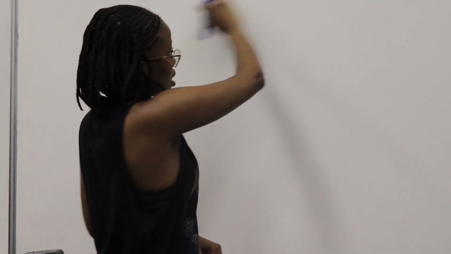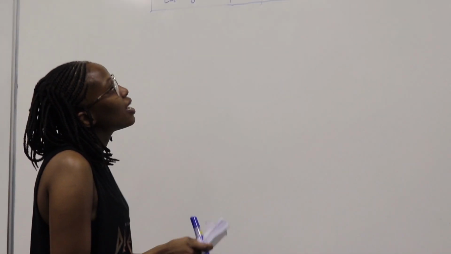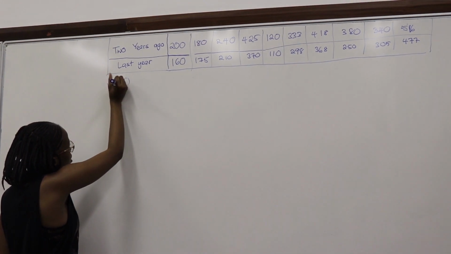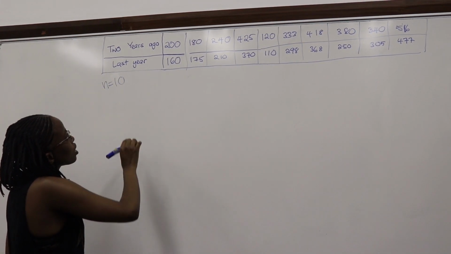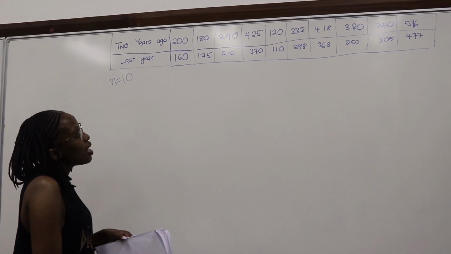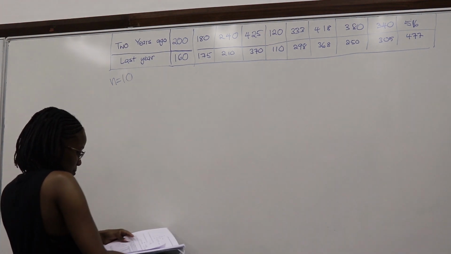So this is the data that we have from the question. Since we're looking at 10 households, our n is equal to 10, and we're looking at the usage 2 years ago and from the last year, which means we're looking at a dependent sample.